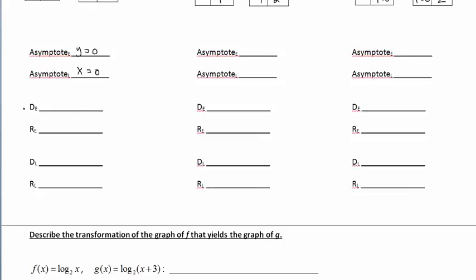All right, look back at your graphs. What's the domain of the exponential function? Well, the domain of the exponential function is all real numbers. The range, however, is 0 to infinity. Look at the graph of the log function. You can see the domain is actually 0 to infinity, but the range is going to be all real numbers.